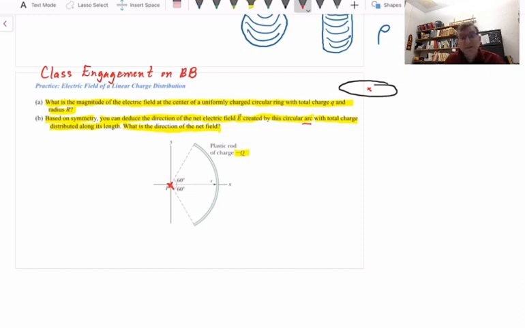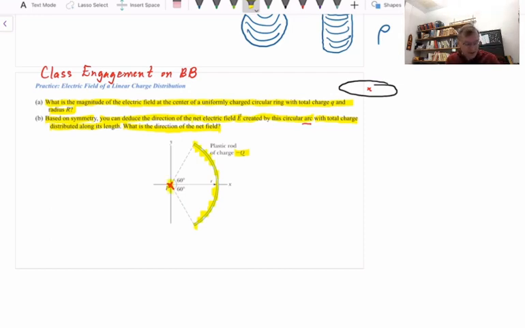Again, the x-axis goes through the middle, so you got 60 degrees above and 60 degrees below. You've got total charge negative capital Q smeared out along this arc. What's the direction of the net electric field E at the point P?